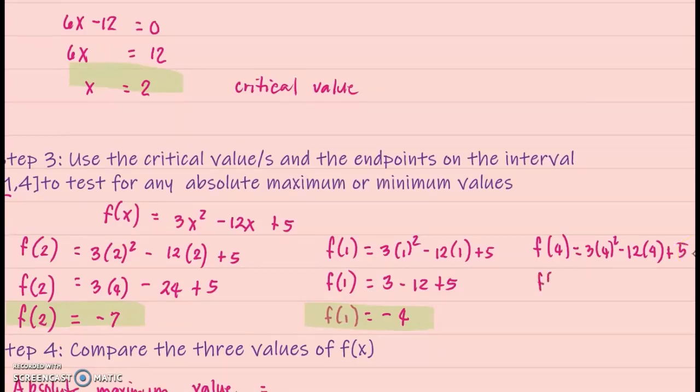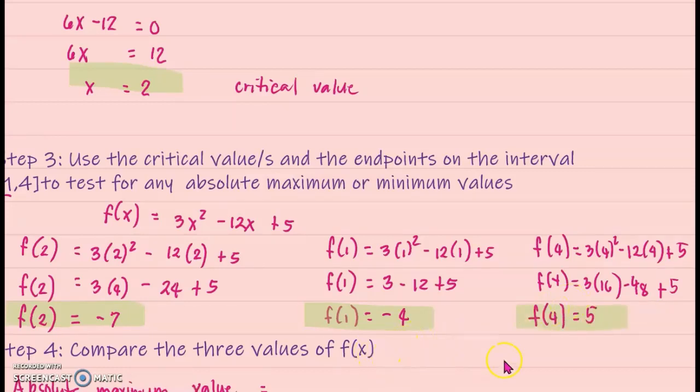So we have f of 4 is equal to 3 times 16 minus 48 plus 5. f of 4 is equal to 48 minus 48 plus 5. So we have here f of 4 is equal to 5. Highlight.